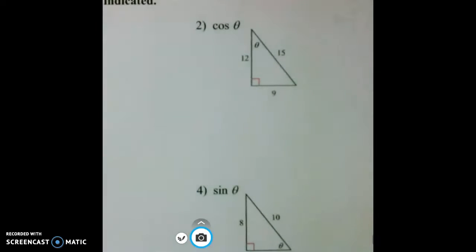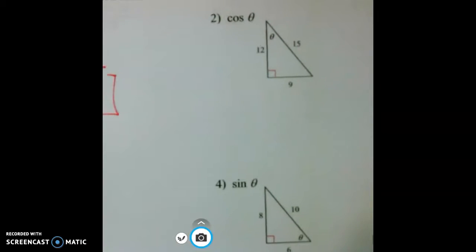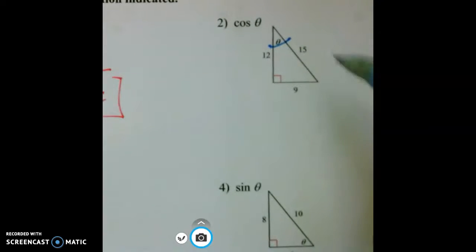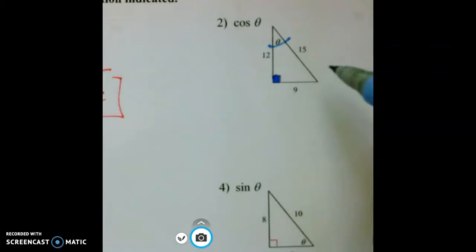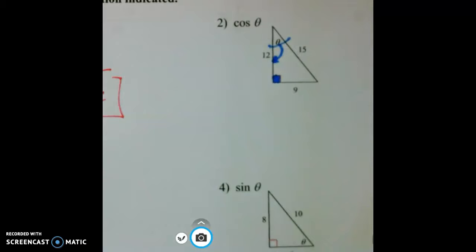Cosine of theta. So cosine, remember, is adjacent over hypotenuse. So in this case, here's my theta, right? I need to remember, my hypotenuse is the longest side, so there's my hypotenuse. My adjacent side is what's next to that angle. In this case, it's 12.